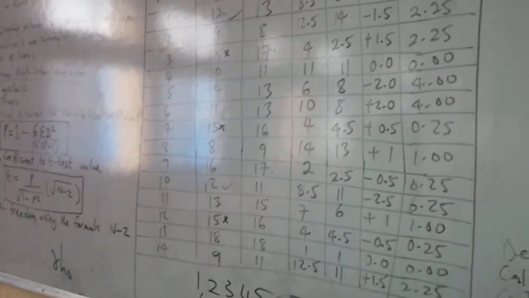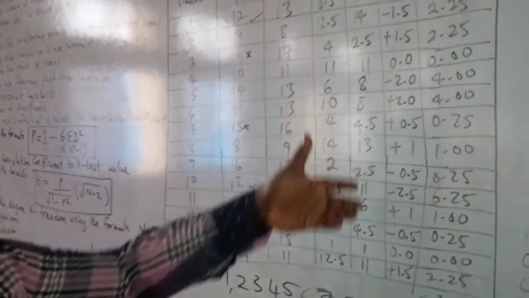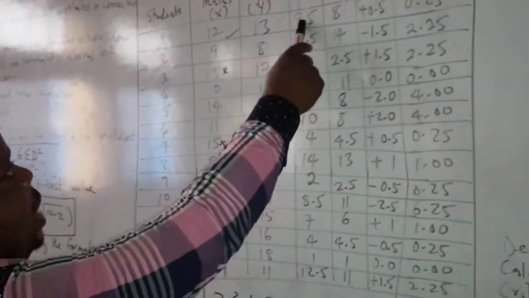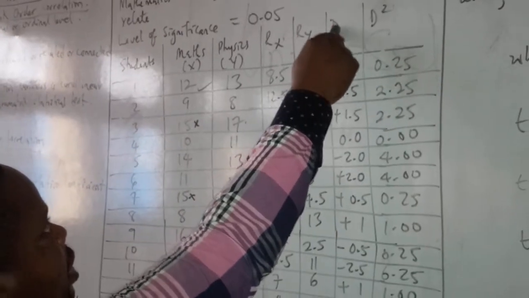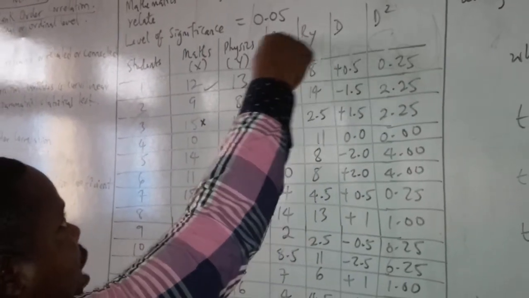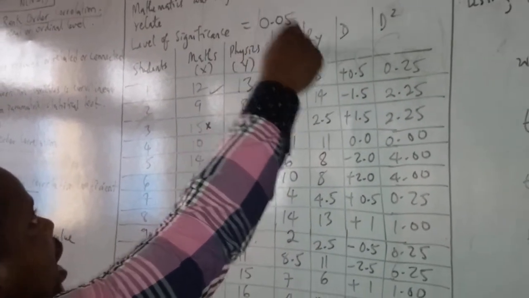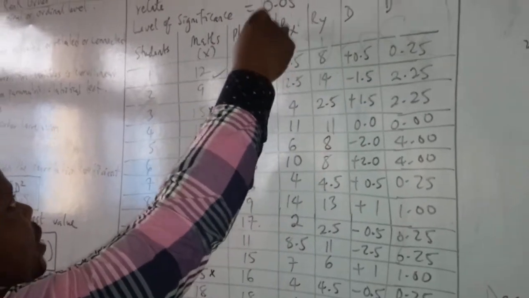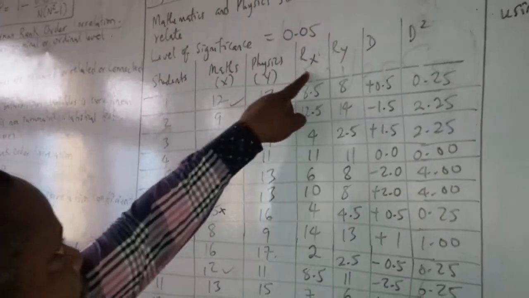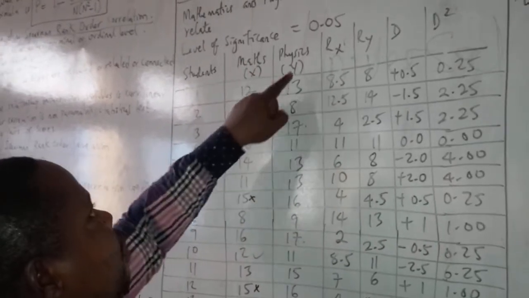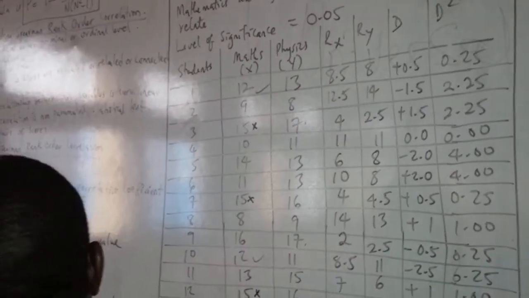After ranking both mathematics and physics scores, you now subtract them. That's why you have the linear deviation or difference between rank of X and rank of Y. Remember that X stands for mathematics score, Y stands for physics score.